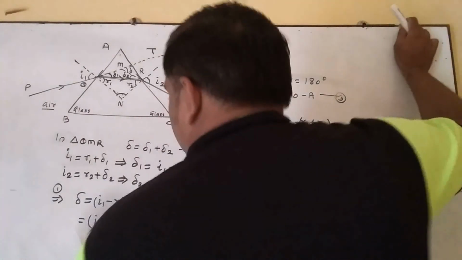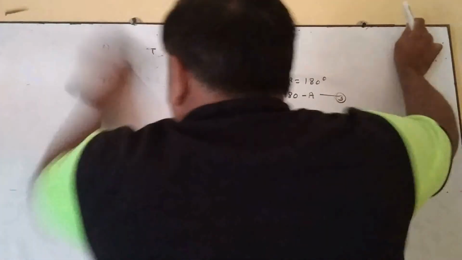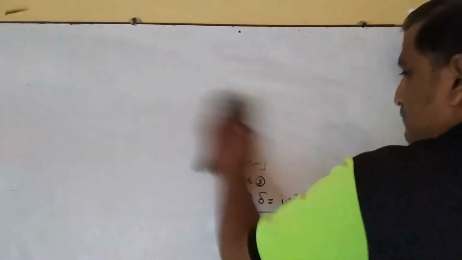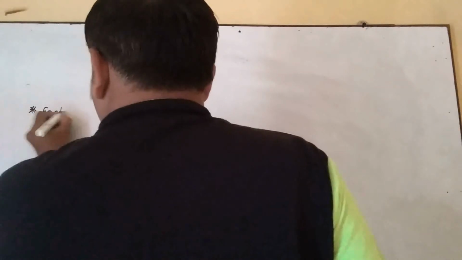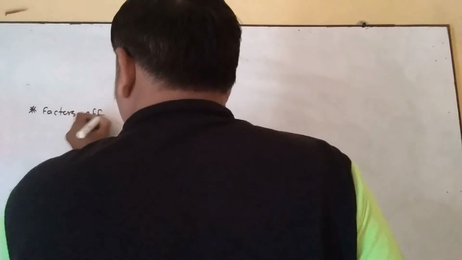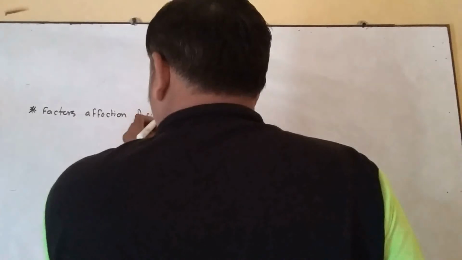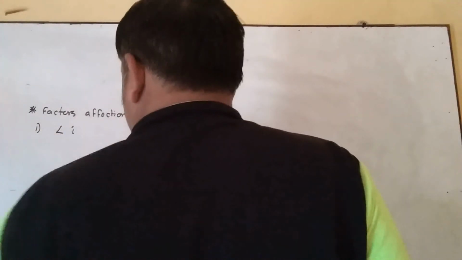Okay, and next we are going to study the factors affecting deviation. First factor, angle of incidence.